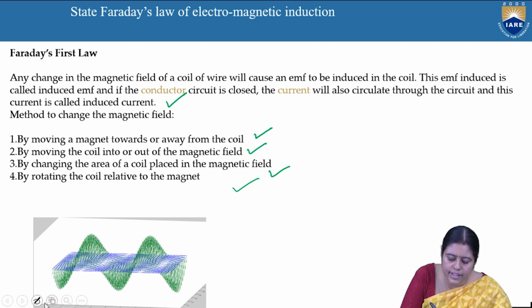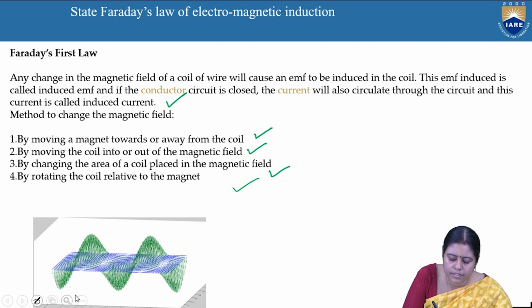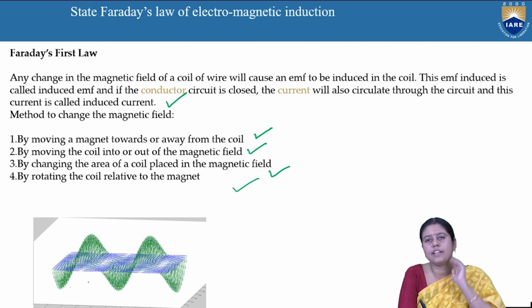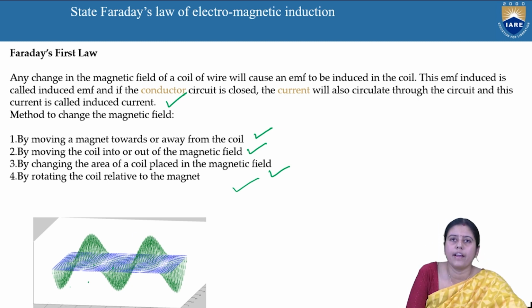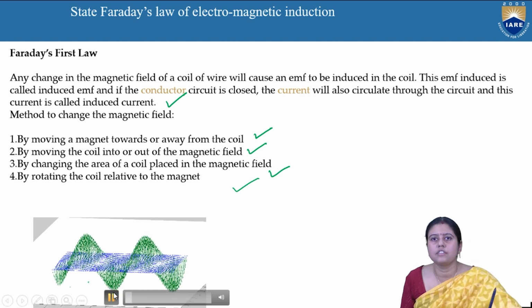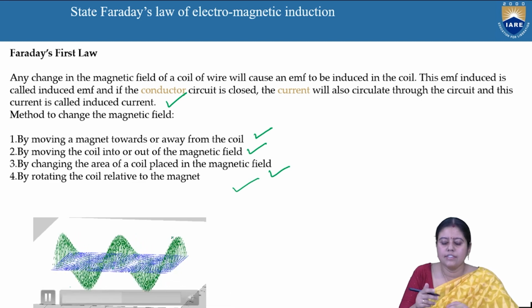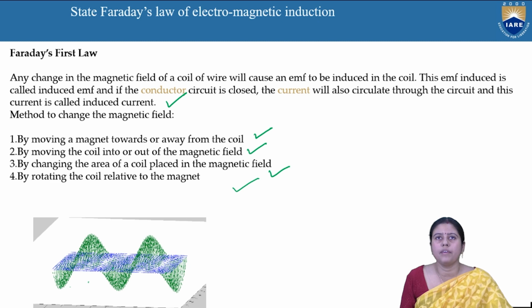You can see that there is an electric field and a magnetic field. If there is a rate of change of flux, it will induce some EMF. If it is a time varying field, moving continuously, it will induce some EMF.